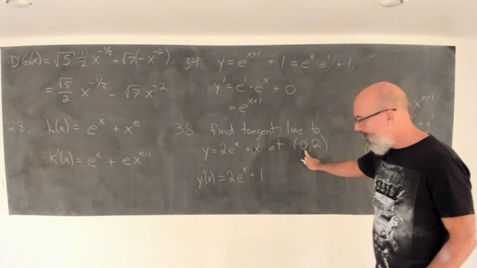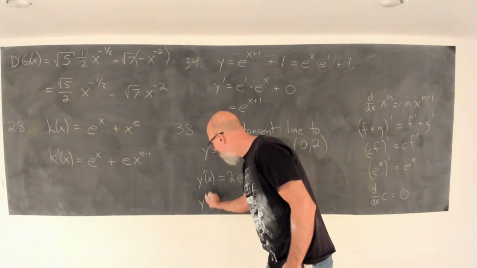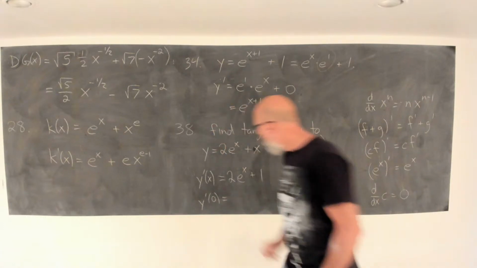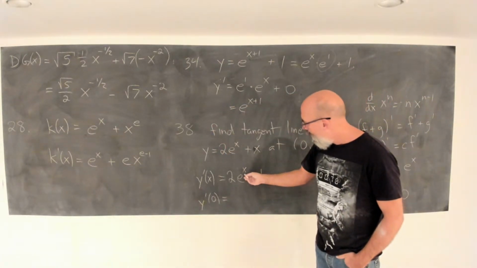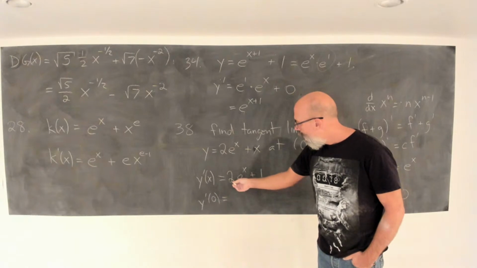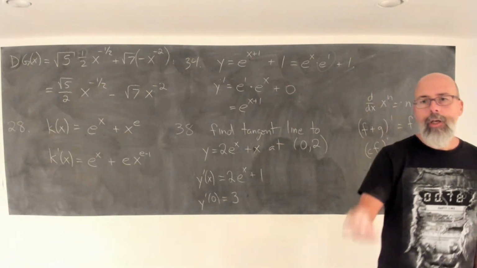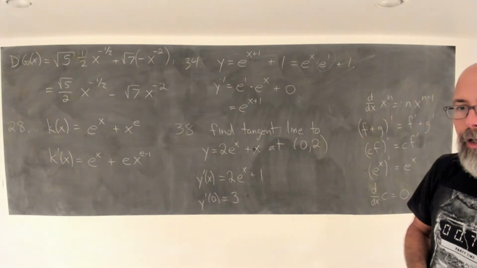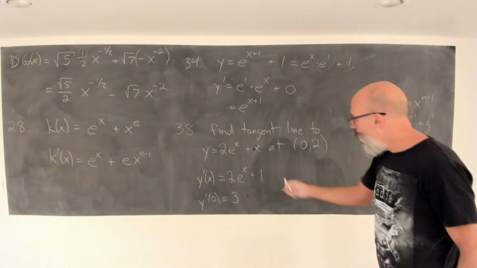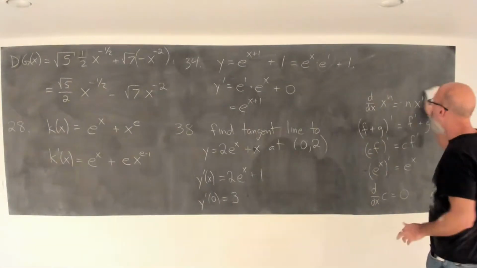So when x is 0, y prime of 0 is e to the 0 plus 1, which is 1 plus 1. So we get 2. 2 is the slope of the tangent line.